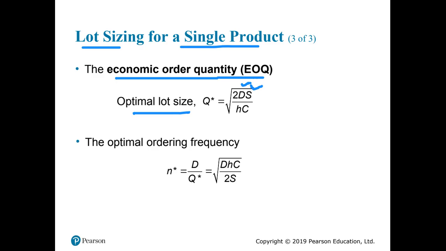And the optimal ordering frequency would be how many times we should make this economic order quantity. That should be demand divided by this economic order quantity, which we calculated here. In other words, we can write it as DHC divided by 2S.